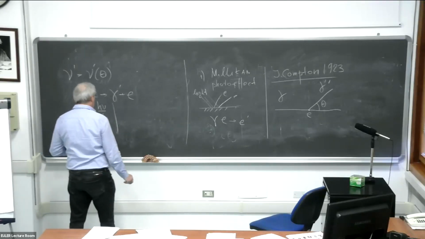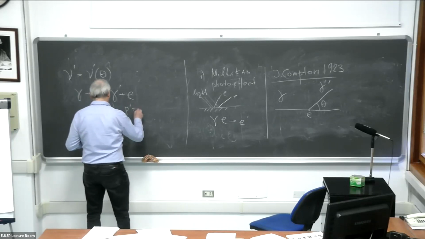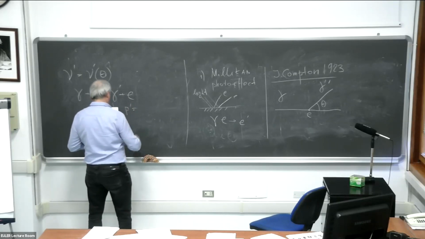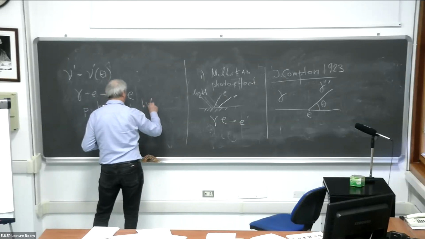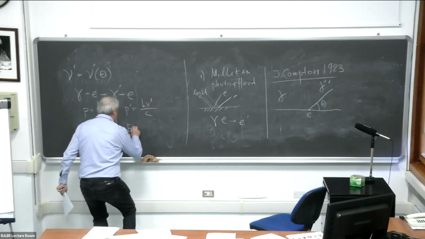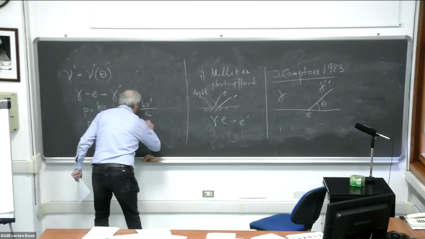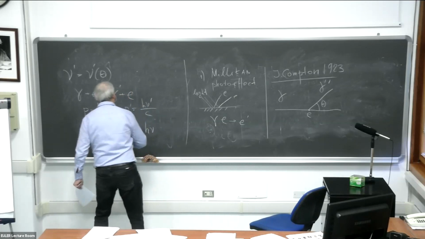Now, in the final state, we have p prime. The momentum of the final photon is h nu prime over c, and the energy is h nu prime, where h is the Planck constant.